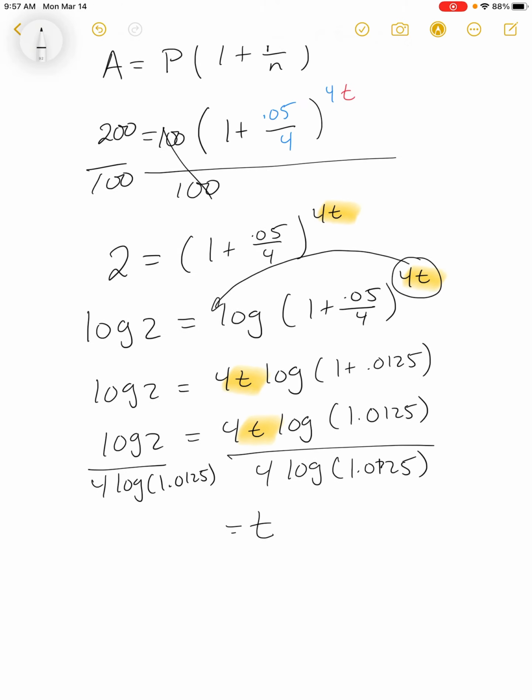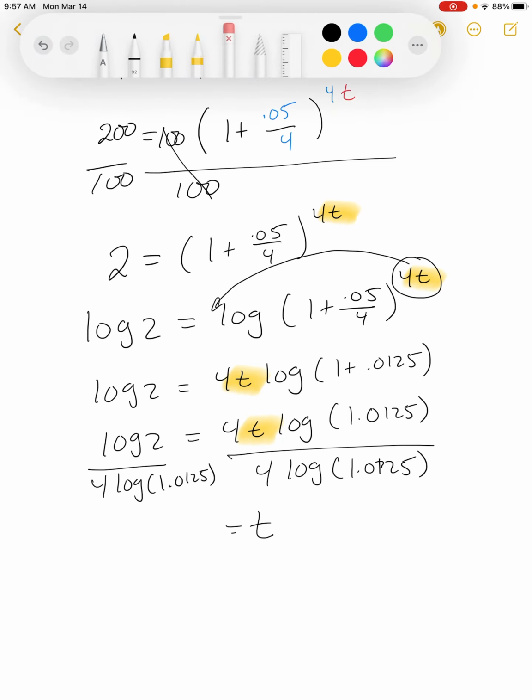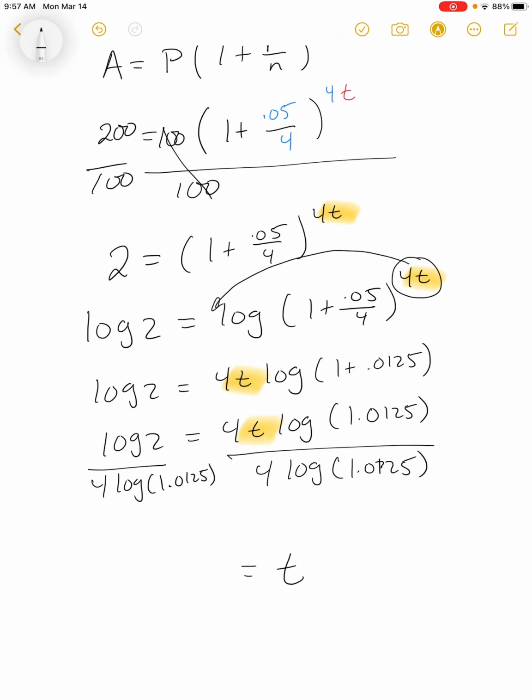So t will be in years. So here we got t is equal to, and then we just plug it into our calculator. We just hit log 2. So I find my log button. Mine opens up with the parentheses, so I do log 2, and then I'm going to hit divided by, and in parentheses, I'm going to type in 4 times log of 1.0125 and close the parentheses.